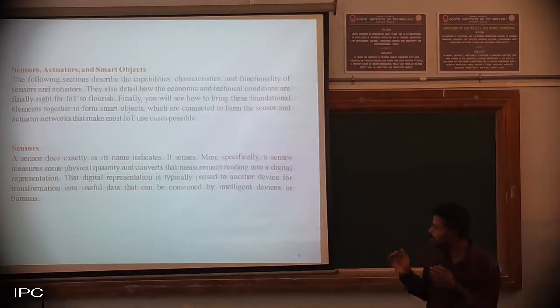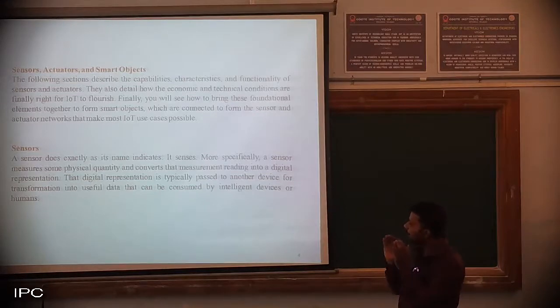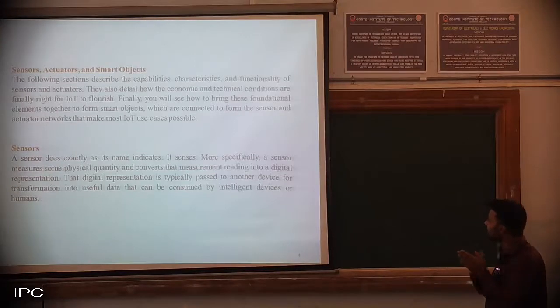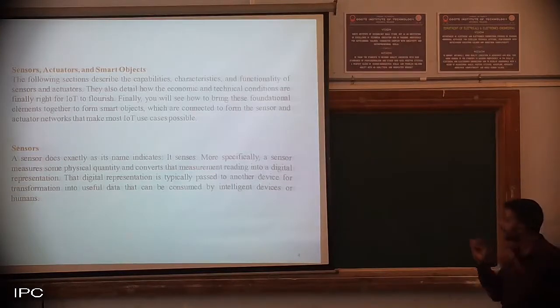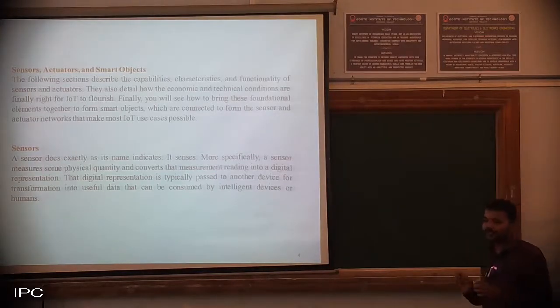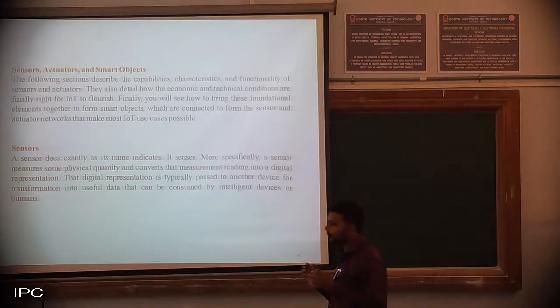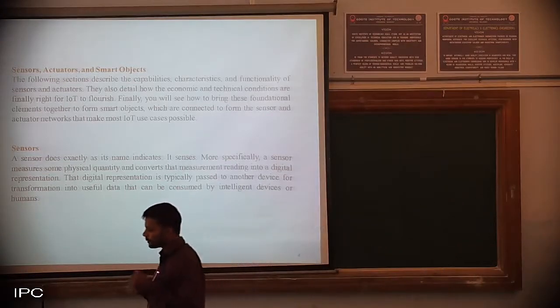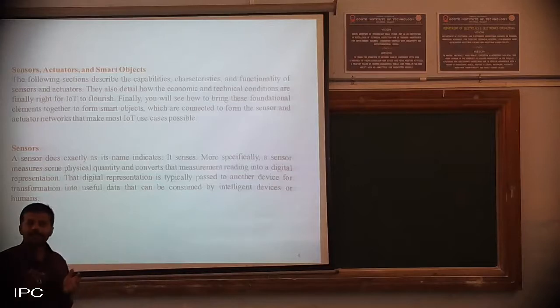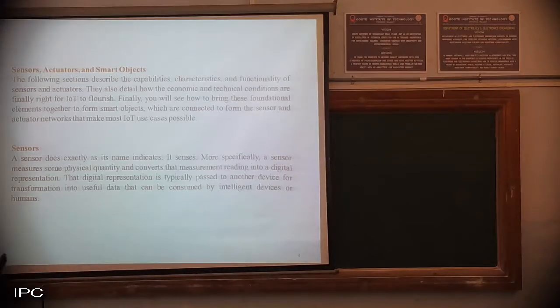Whatever physical quantity it measures, it converts that measured reading into the digital representation, because our microcontroller chip can analyze only digital inputs or digital parameters. Whatever the sensed data, it should be converted into the digital format, so that the digital representation work can happen.